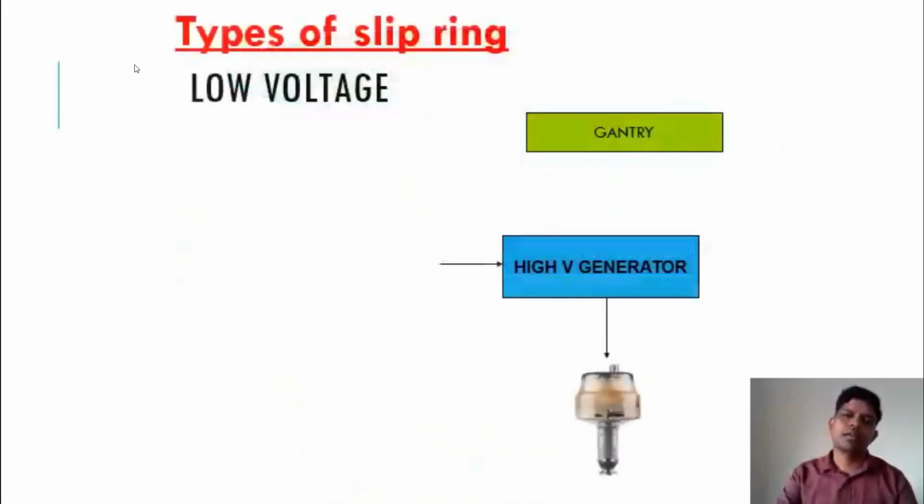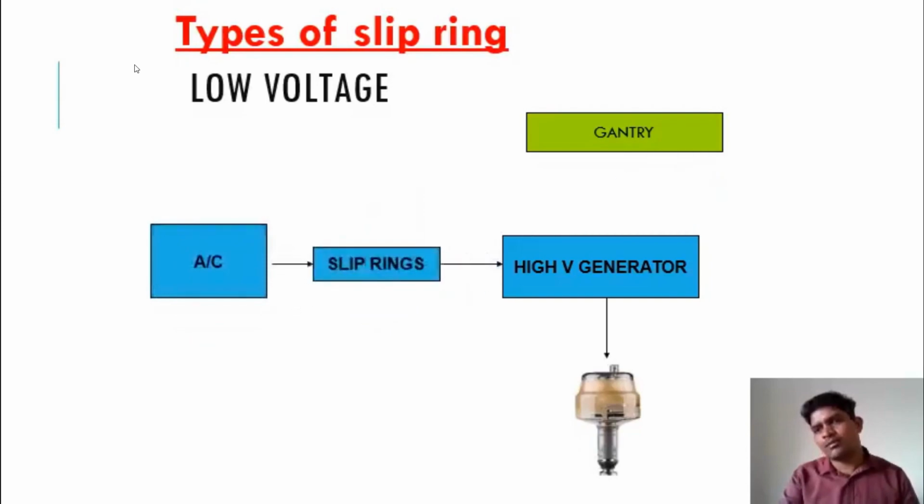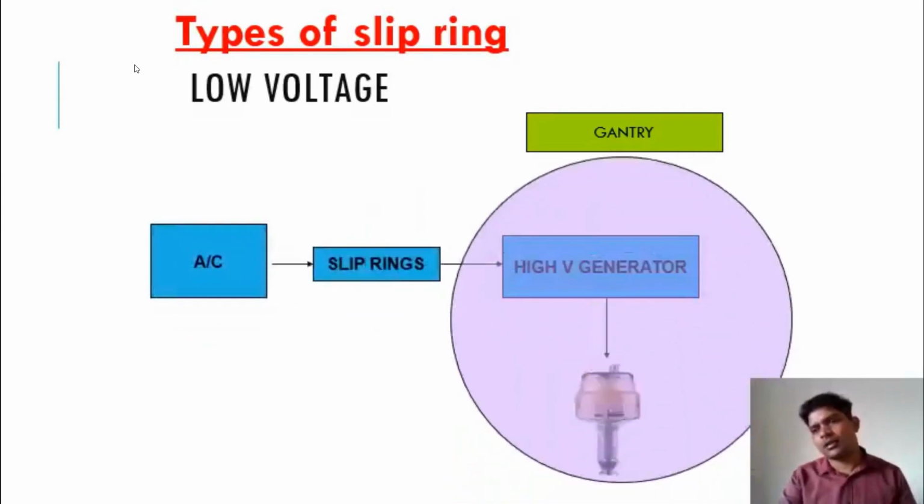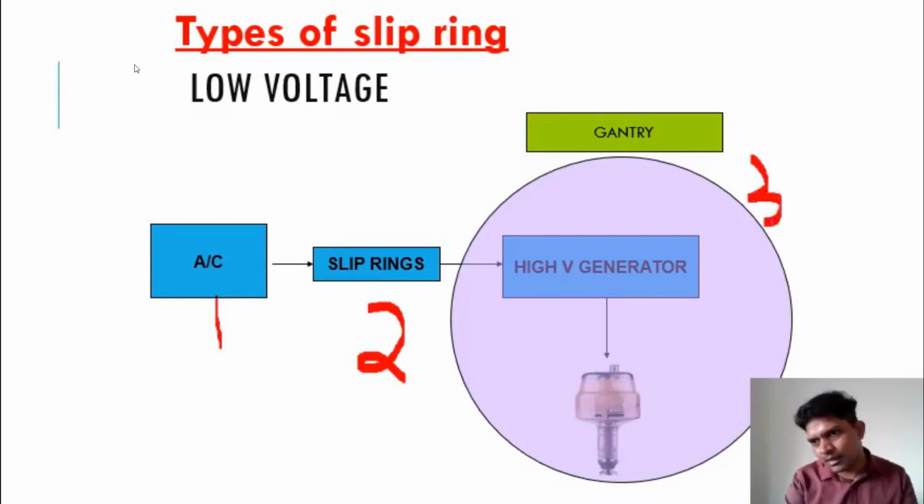As I told you, there are two types of slip ring technologies. One is low voltage. You can see here, first is the AC, then second is the slip ring, and then third is the gantry, where the AC gives power to the high voltage generator and then to the X-ray tube.